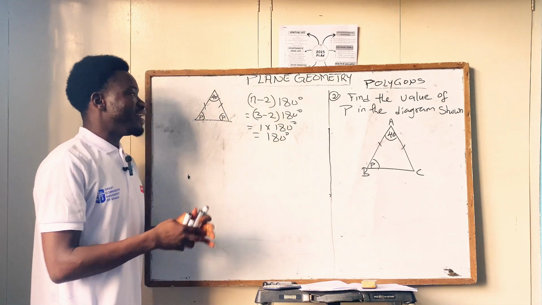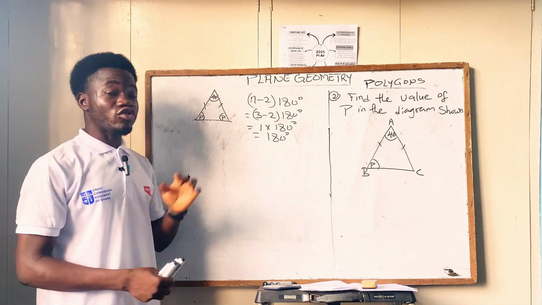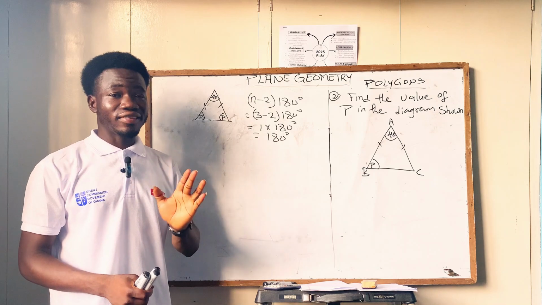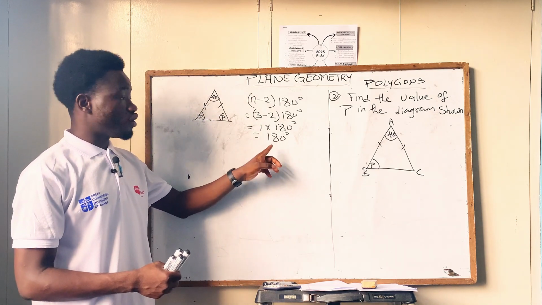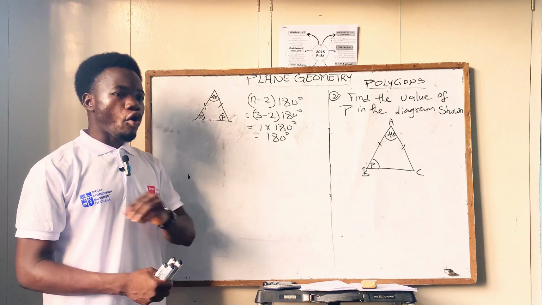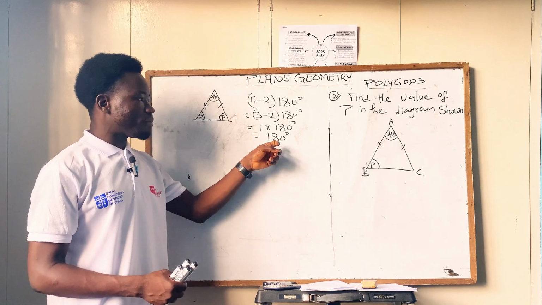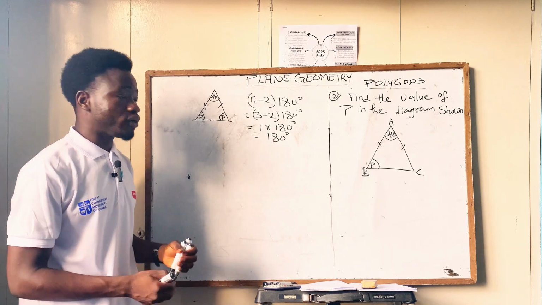So which means that the sum of interior angles in a triangle is 180 degrees. So when I add everything inside here, it should give me 180 degrees. And so you are going to use that property. All triangles always sum up to give you 180 degrees.